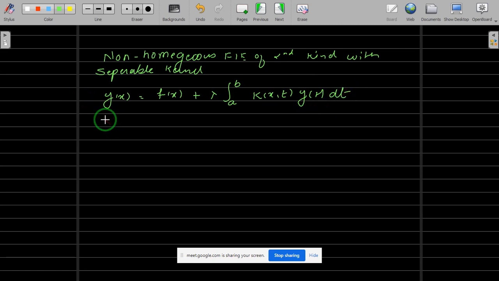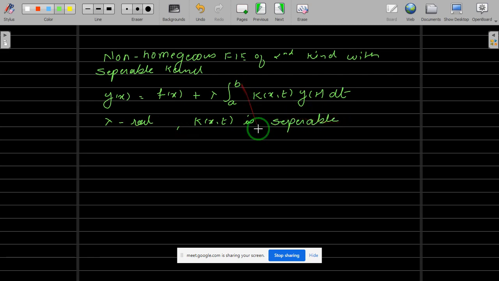Here, as in the last class, we assume that lambda is real and K of x, t is separable or degenerate.